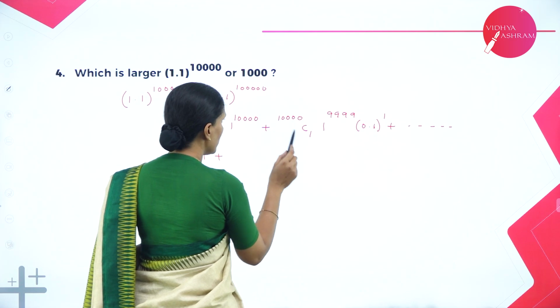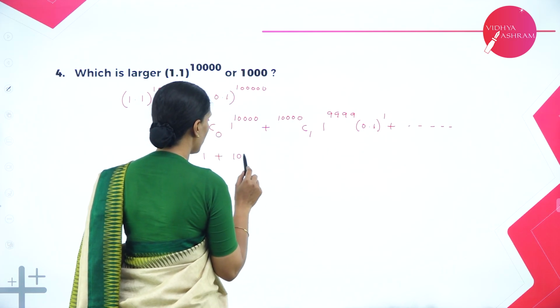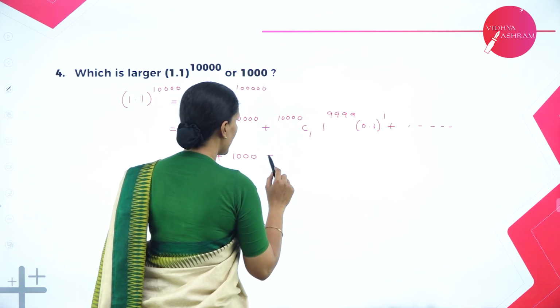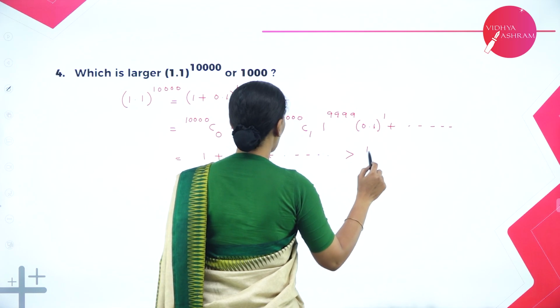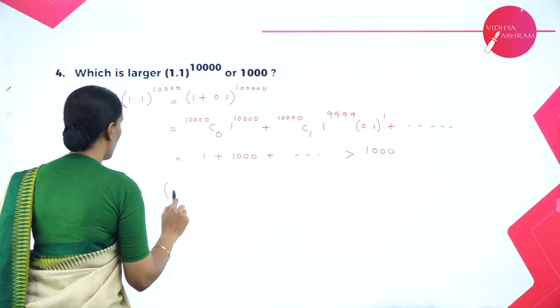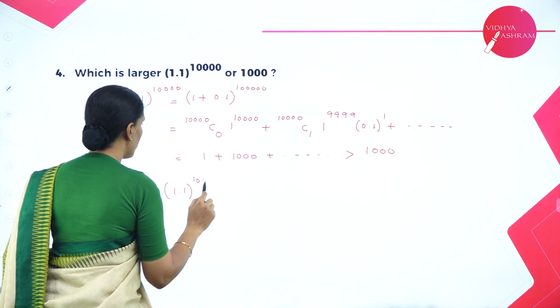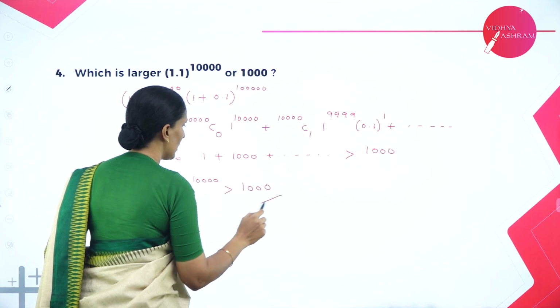Now 10,000 C1 is 10,000 into 0.1, which is 1,000. So plus etc. So this is already greater than 1,000. So therefore 1.1 to the power 10,000 is greater than 1,000 clearly.